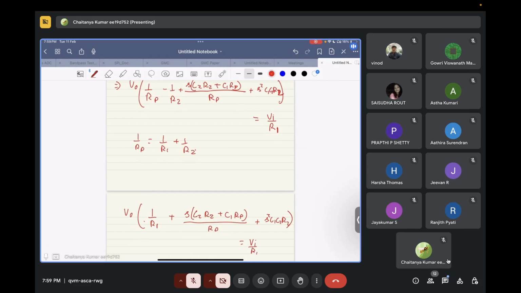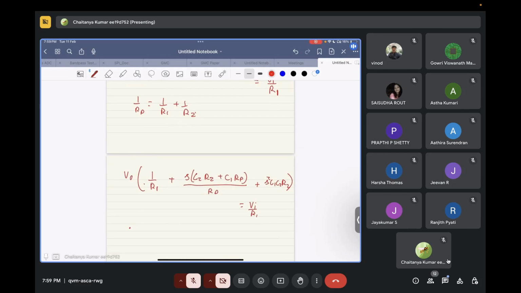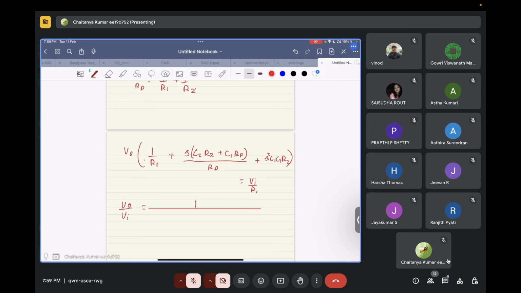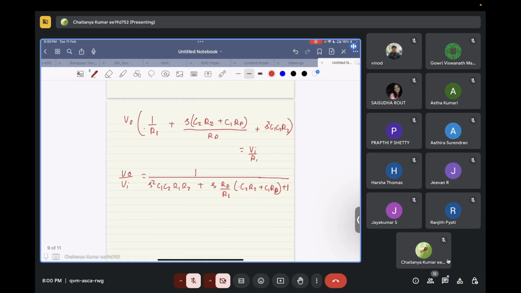So if R1 is taken common on both sides, you have V0 by Vi as 1 upon s squared C1C2R1R2 plus s times (R1/RP)(C2R2 plus C1RP) plus 1. Okay, so let's try to simplify it a little more.